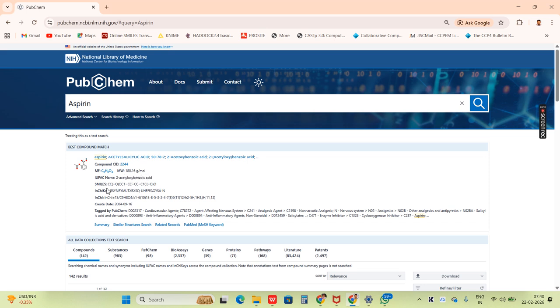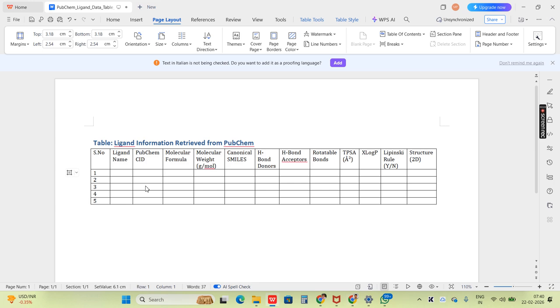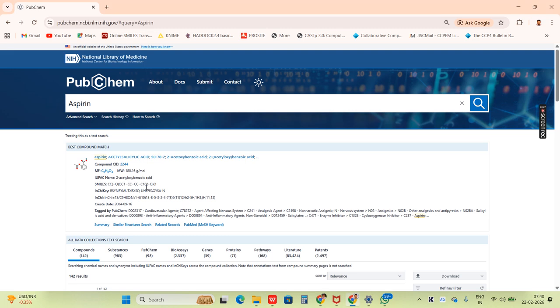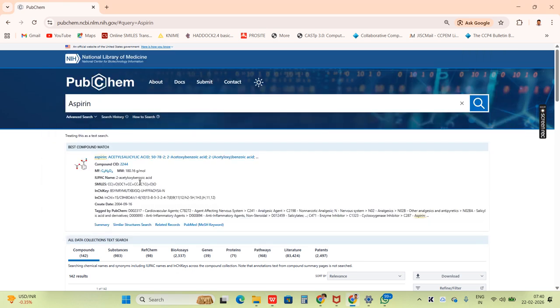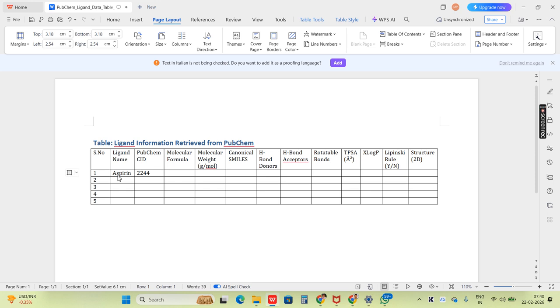You can also see the SMILES format over here. You can copy and paste all this information. So let's just do that first. The first name is aspirin, and what is the PubChem ID? It is 2244, and the molecular formula is C9H8O4.